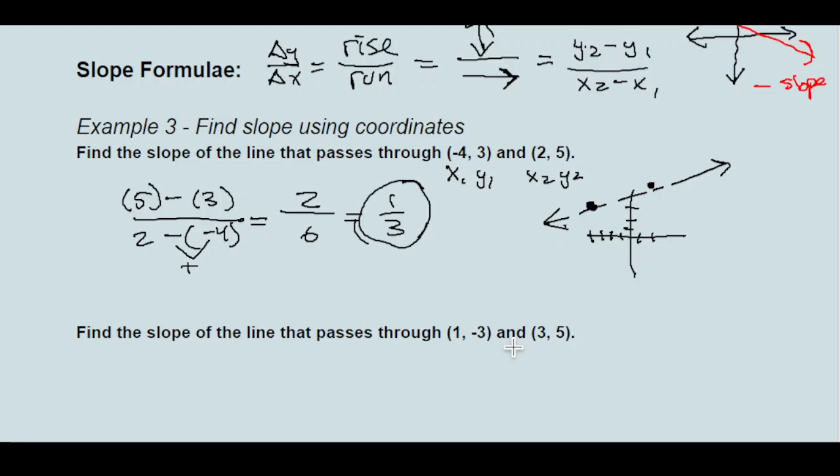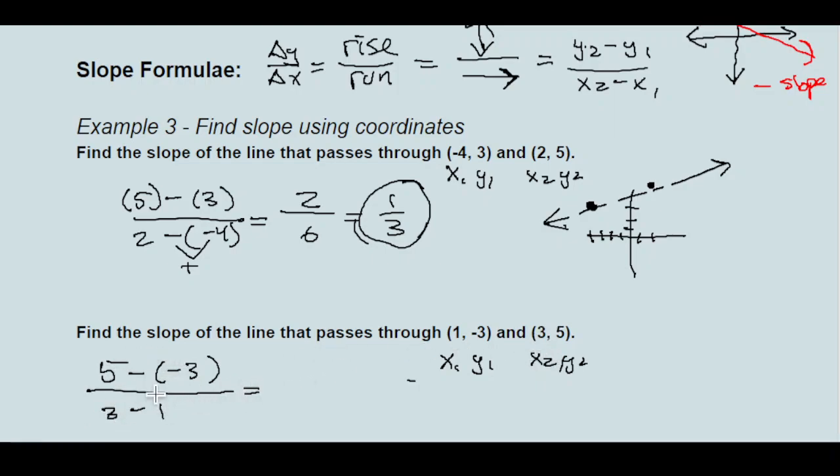All right, this one here, if you want to pause the video and try it, you can. Otherwise, I'm just going to work through it. The first thing I'm going to do is label my x1, y1, x2, y2, and then we'll do our subtraction. So we're going to go 5, which is my y2, minus y1, which is negative 3, over 3 minus 1.